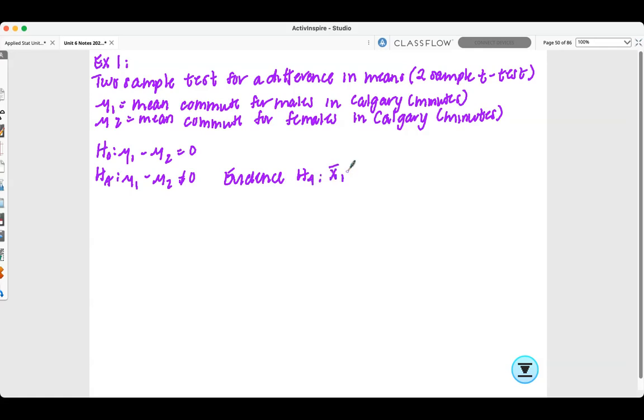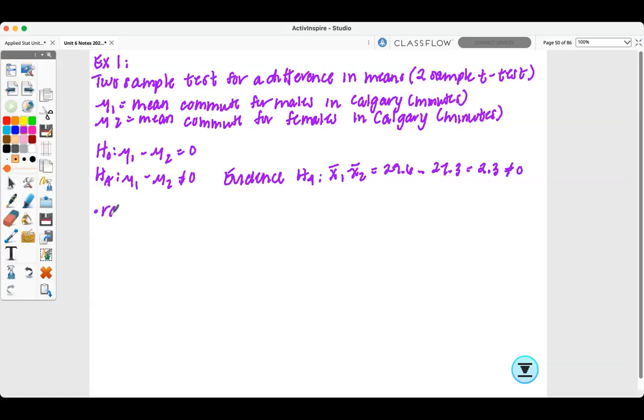So we have x bar 1 minus x bar 2, that equals 29.6 minus 27.3, which equals 2.3, which does not equal 0. Go through our conditions. This is a random sample of males and females working in Calgary.